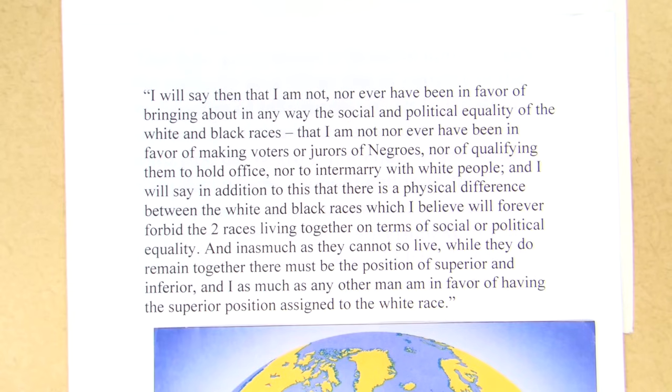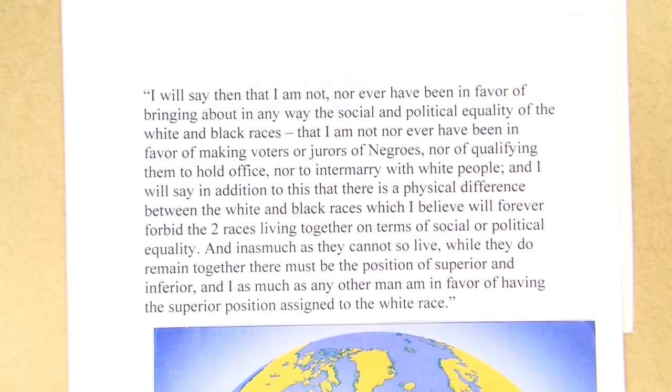I will say then that I am not, nor ever have been, in favor of bringing about in any way the social and political equality of the white and black races. That I am not, nor ever have been, in favor of making voters or jurors of Negroes, nor of qualifying them to hold office, nor to intermarry with white people.